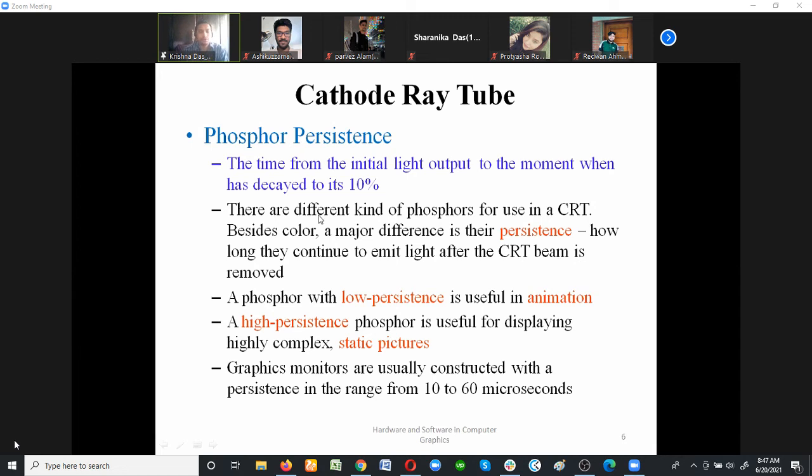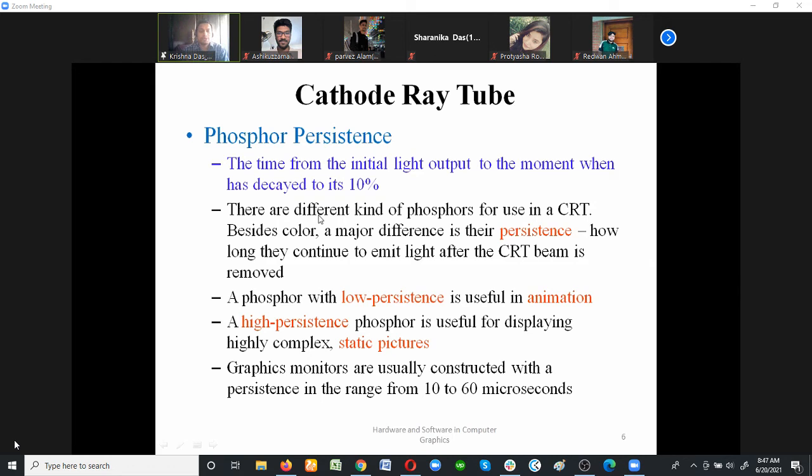For phosphor as well, different phosphors have different persistence. Persistence is the nature or working process of the phosphor that we are using: it can emit light. That means the electron beam touches it and it can emit the light. That nature we are using. Now, how long a phosphor can emit the light is related to what we call persistence.